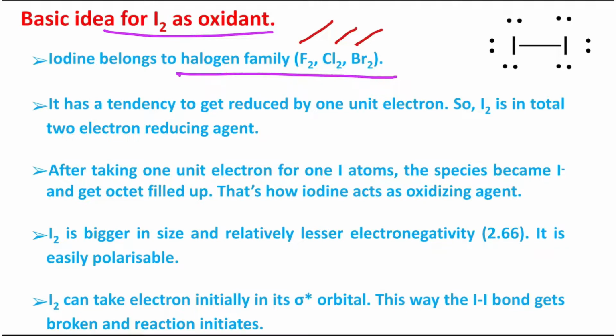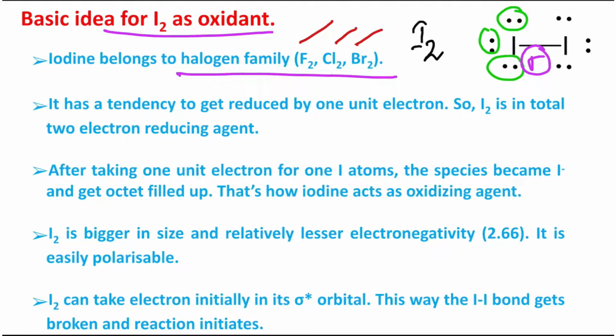And you can see the structure of this I2 molecule, because these halogens are diatomic molecules. This iodine contains 3 lone pairs of electrons, and this iodine has 1 sigma bond. So this is the overall electronic distribution on the outermost valence shell of iodine.